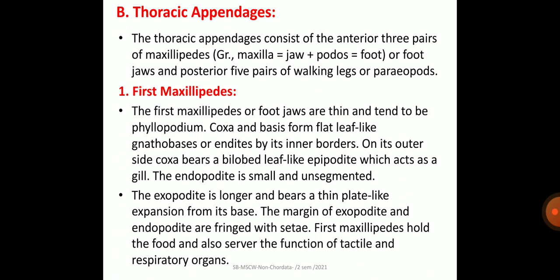You can mention the endopodoid is small and unsegmented, and the exopodoid is larger and bears a thin plate-like expansion from its base. The margins of exopodoid and endopodoid are fringed with setae. The first maxillipedes hold the food and also serve the function of tactile and respiratory organs.